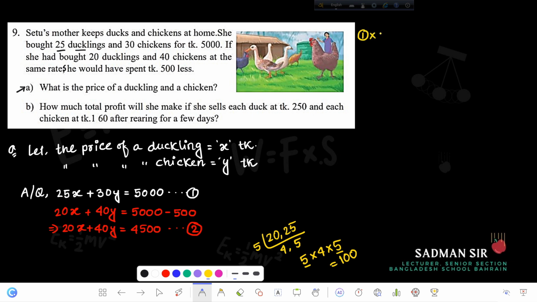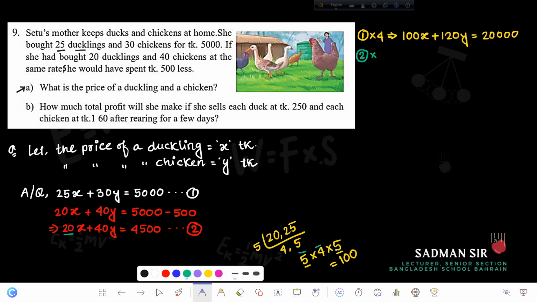Equation number 1 multiplied by 4 gives us 4 into 25, that is 100x, plus 4 into 30, 120y, equal to 4 into 5,000, which is 20,000. Then we have to deal with equation number 2. Here the coefficient of x is 20. 5 fours are 20, right?